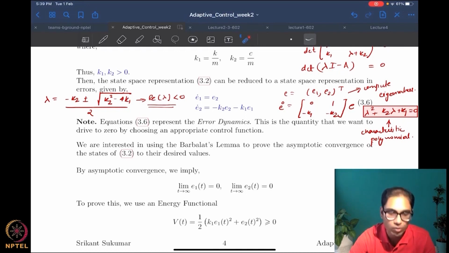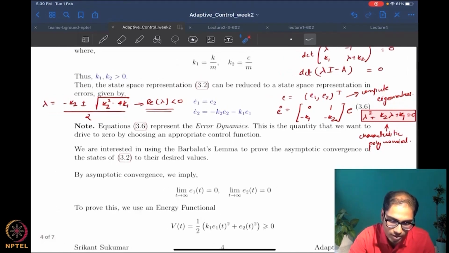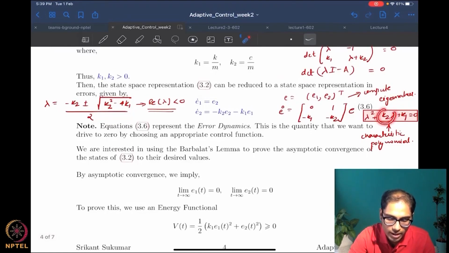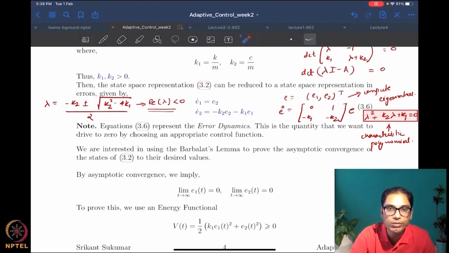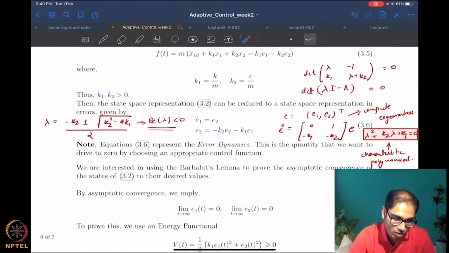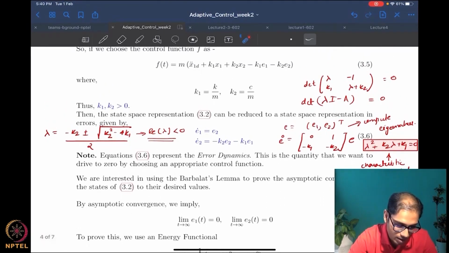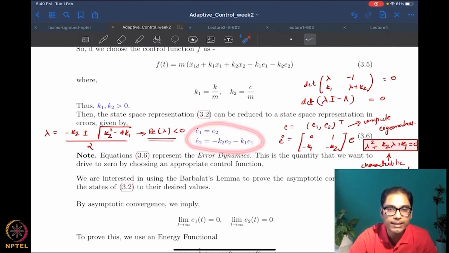If the real part is negative for both the eigenvalues, then I know that the system is globally exponentially stable. Or of course, like I said, you can simply use the Routh criteria, knowing that k1 and k2 are both positive, and it's very easy to conclude that the system is globally exponentially stable. So now I know that this equation in blue is globally exponentially stable.